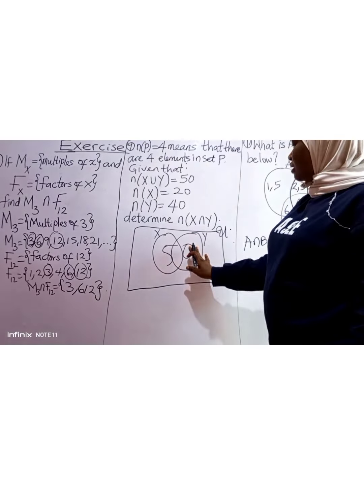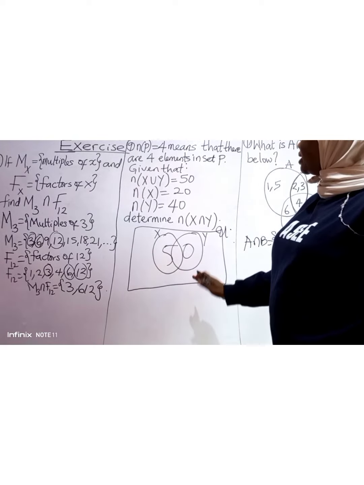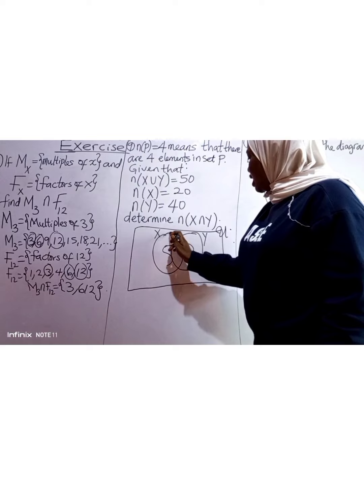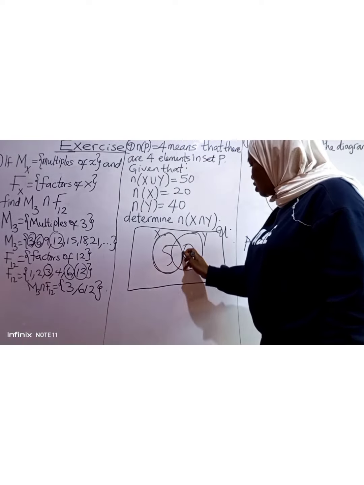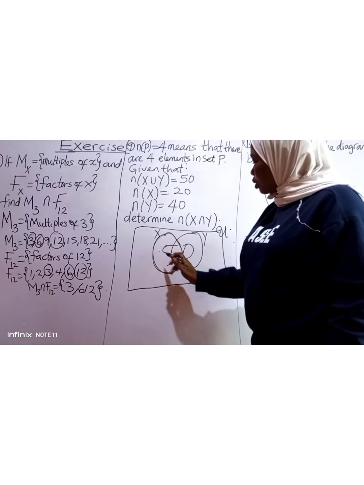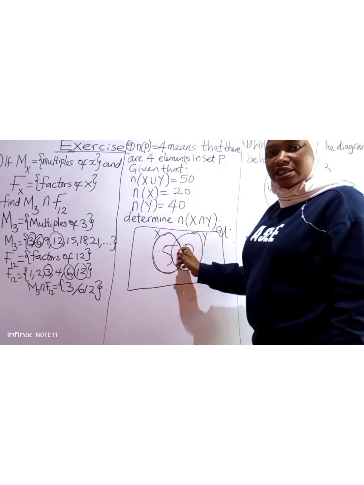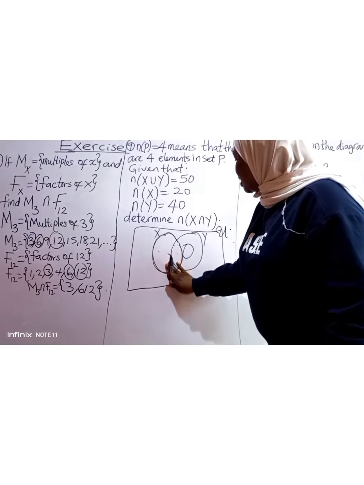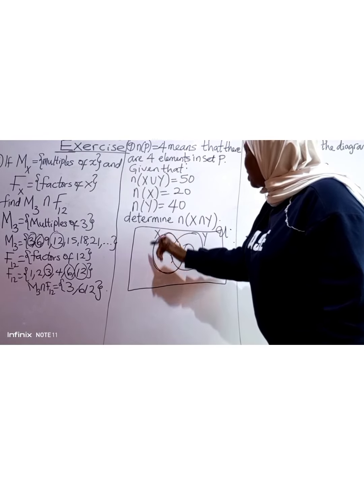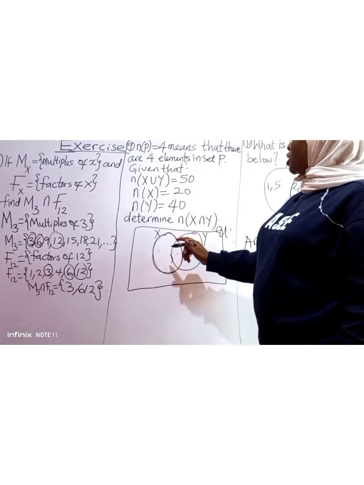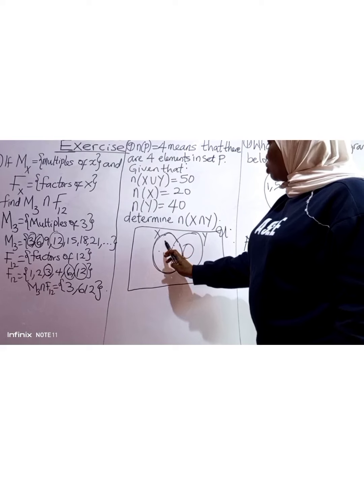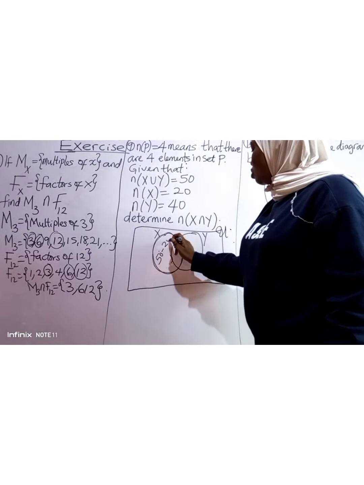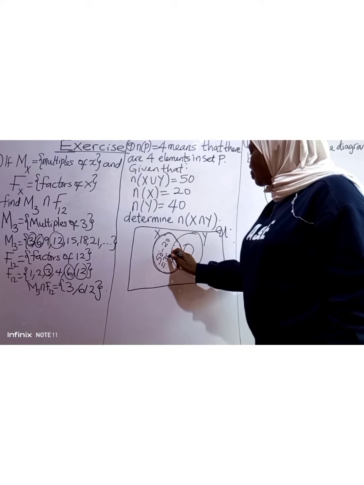Now to find cardinality of X, that is everything inside X, will be X only plus X intersects Y. So to find this side, we are given that everything here is 20. So X only will be 50 minus 20, which is equal to 30.